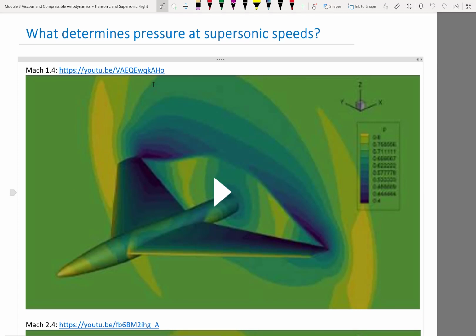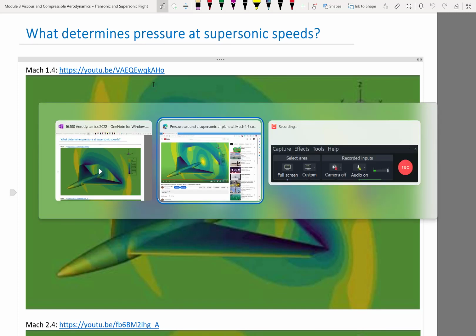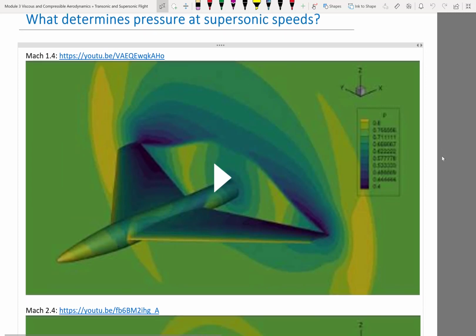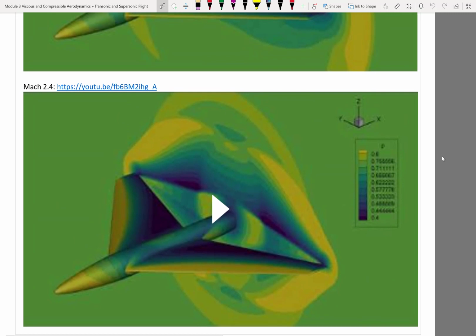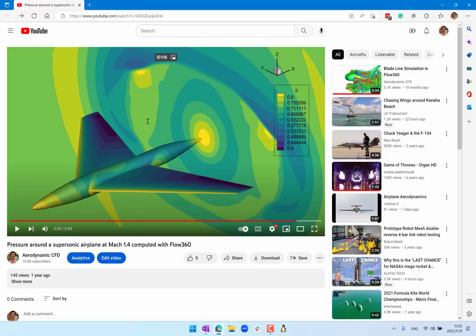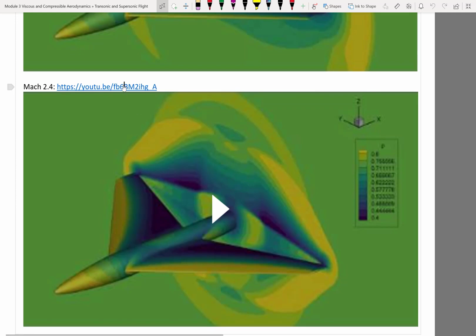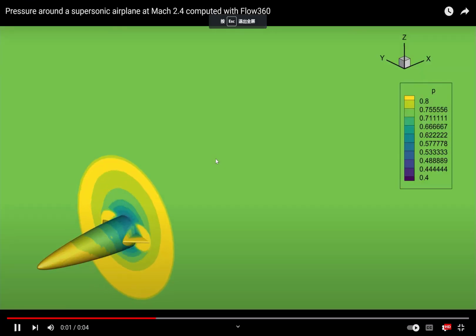And the angle of the waves is actually quite interesting because this is at Mach 1.4. The angles of the waves are basically going to be smaller as you look at a higher Mach number. So this is Mach 2.4, and if you look at how different this case is, you're going to see the waves are propagating a little bit slower.